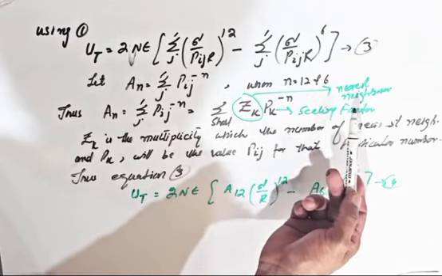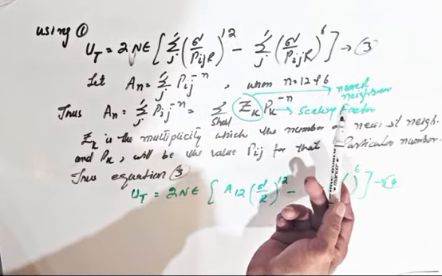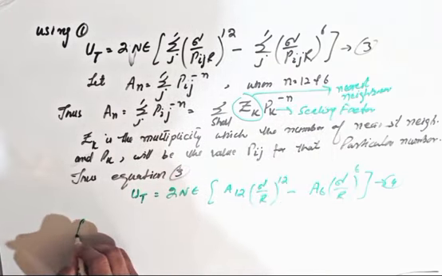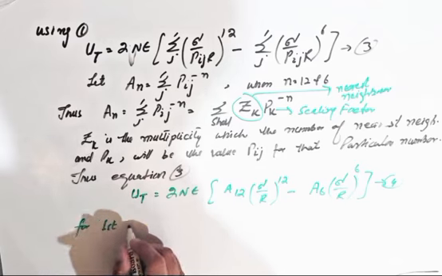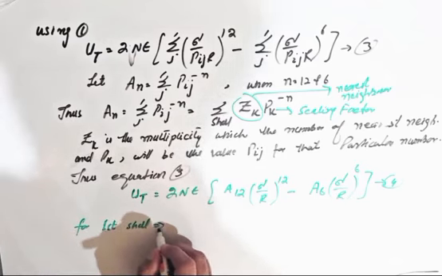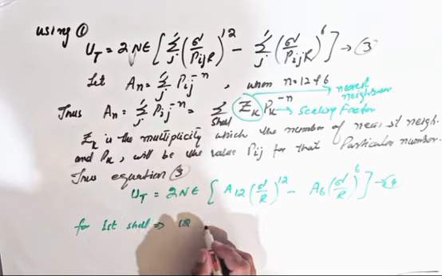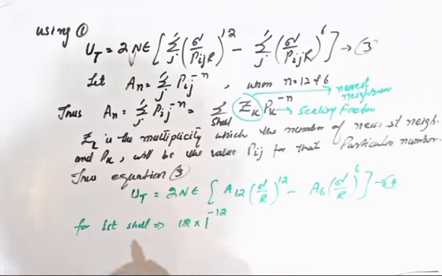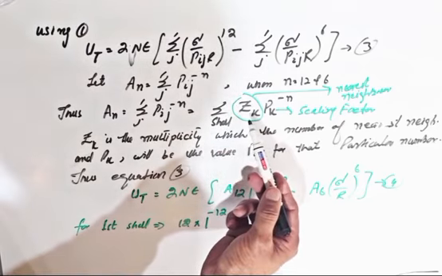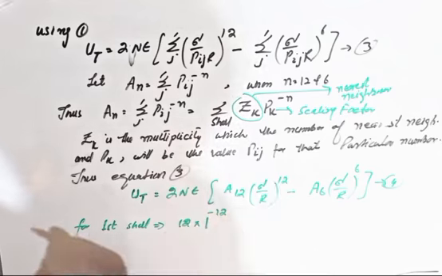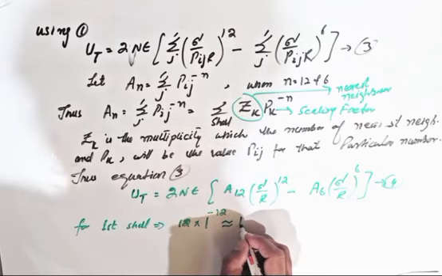For the first shell, meaning the first nearest neighbor, we have 12 nearest neighbors multiplied by the scaling factor 1 to the power minus 12, which is equal to 12.